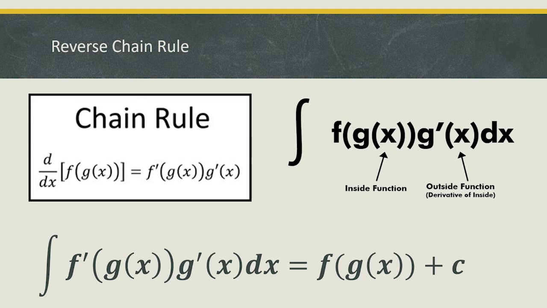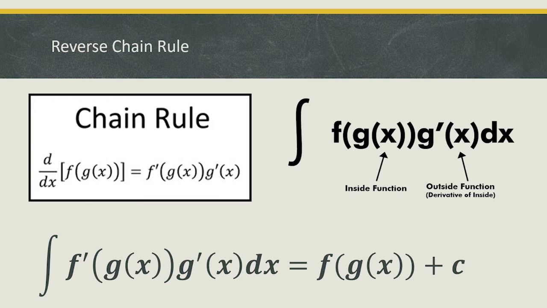So if you were to take the derivative of f with respect to g of x, that would be equivalent to the derivative of f with respect to g of x times the derivative of g of x.